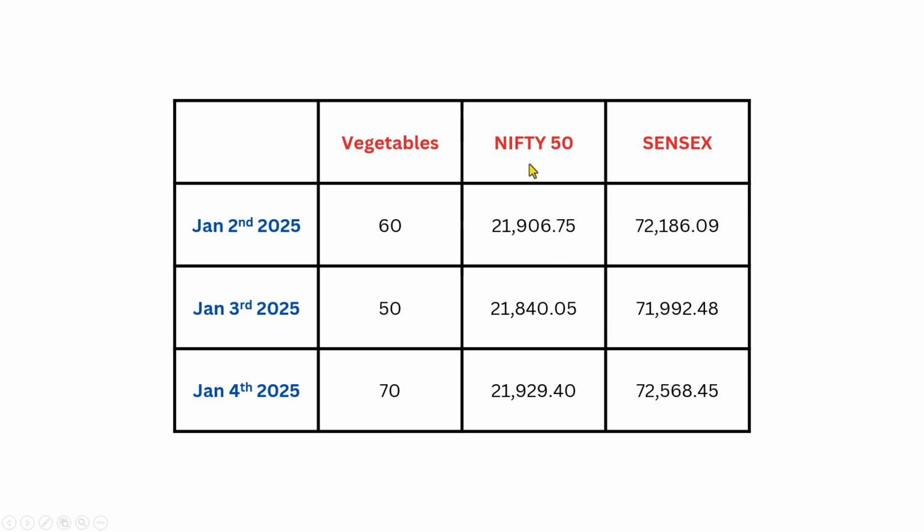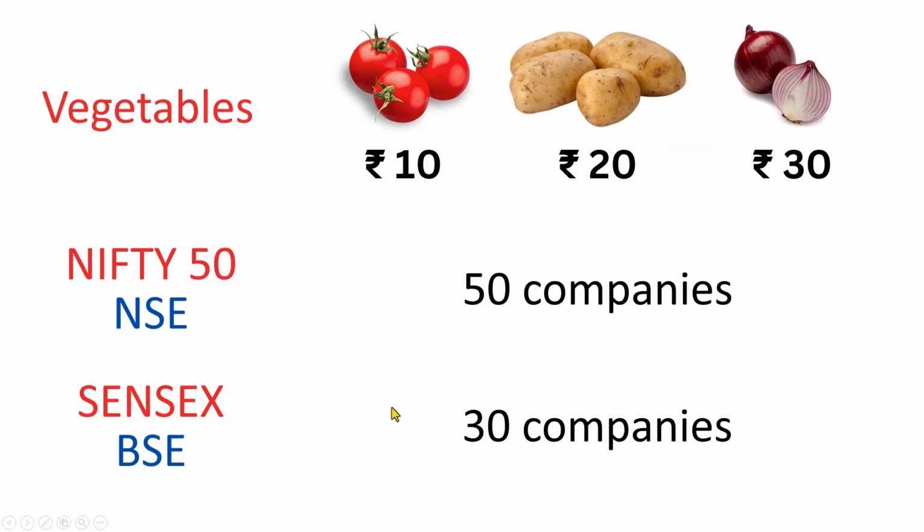Index gives you an idea of how the price of stocks is moving. Just like how 60, 50 and 70 gave your mother an idea of how the price of these three vegetables was moving. Alright.